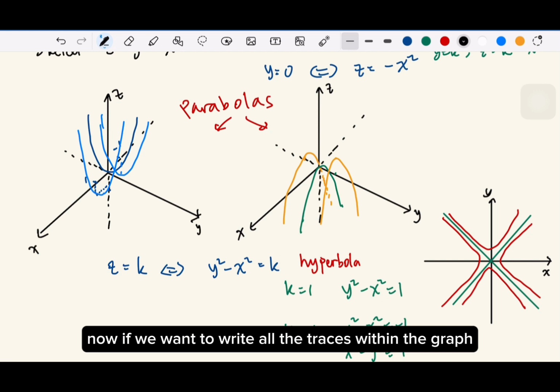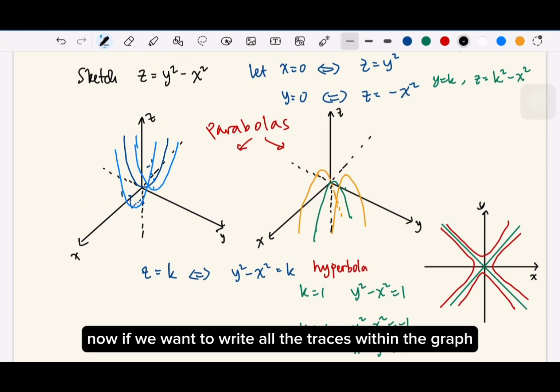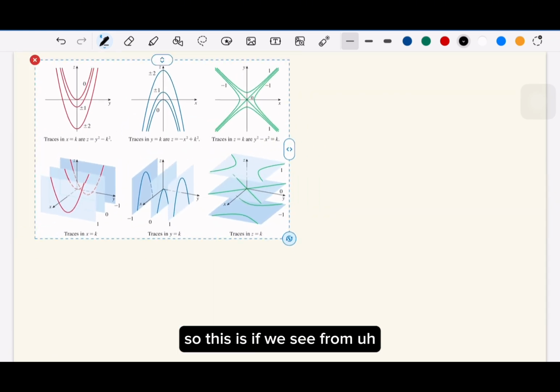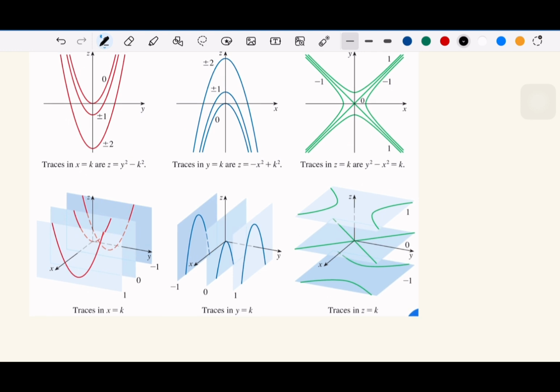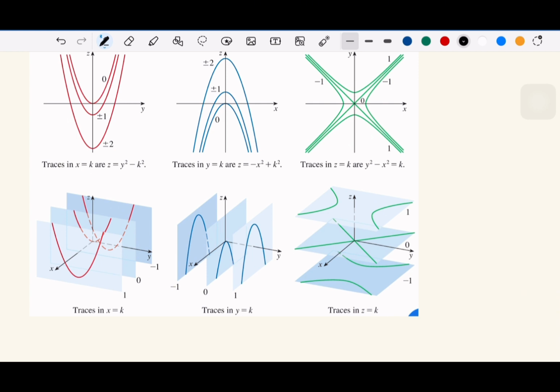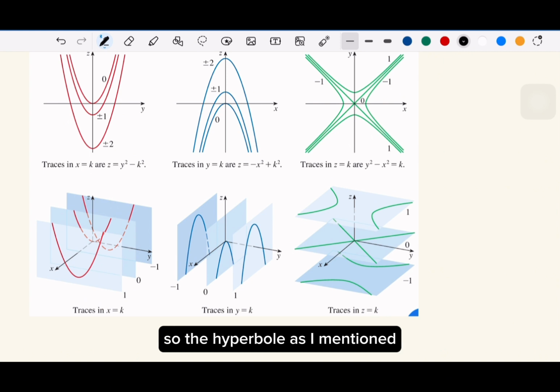Now if we want to write all the traces within the graph, this is what we have before, the traces. This is for z equal y squared, this is for z equal negative x squared, and this is for the hyperbola. As I mentioned, we can have negative 1 or 1 for k. If we have 1, then it's on the top, like that.